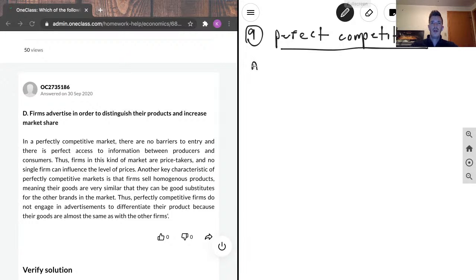First, there are many buyers and sellers in a perfectly competitive market. Of course, in a monopoly, there's only one seller. There are rare situations where there's only one buyer. So for perfect competition, we need many buyers and sellers.